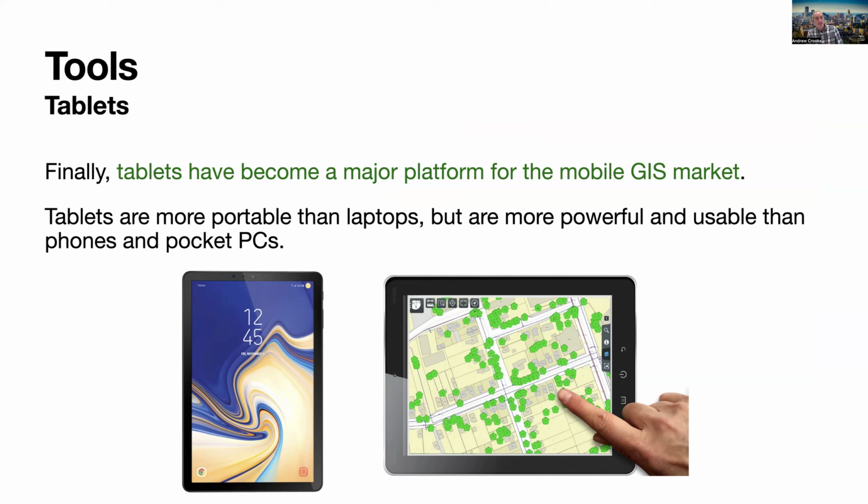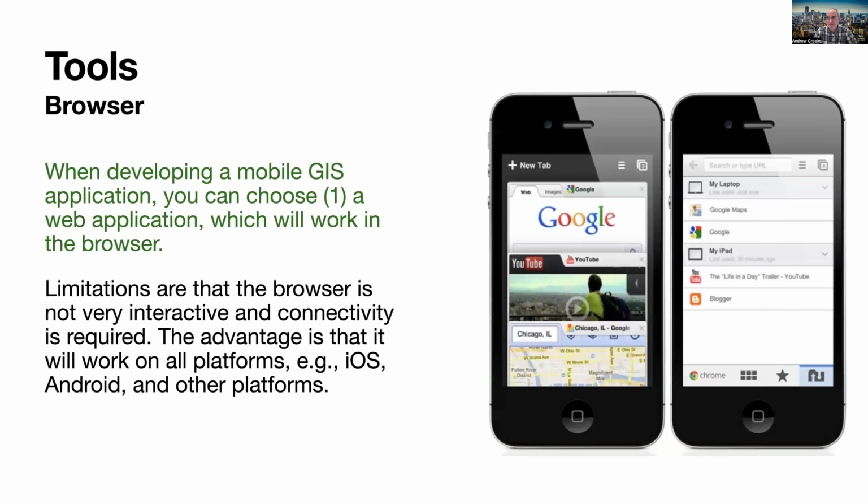They're more portable than laptops. They're smaller, but more powerful and usable than the phone, so they have a larger screen size and therefore it's easier to type on them, right? You can also buy external keyboards for them. You can also, like your cell phone, have cellular data plans with these things, so if you need internet connectivity, you can have that.